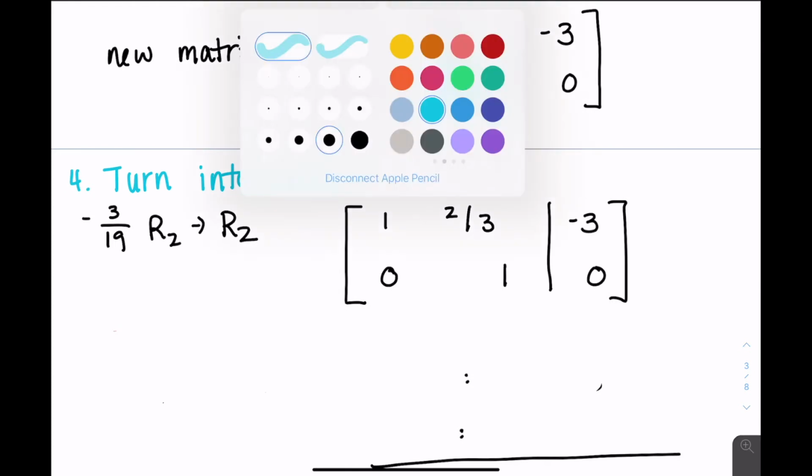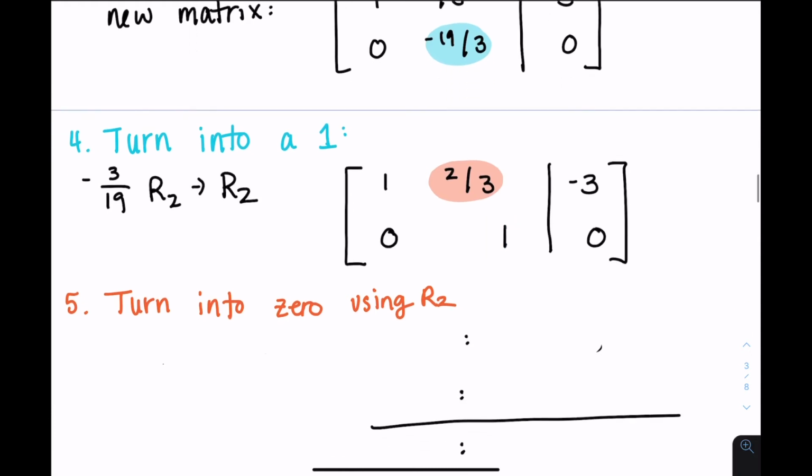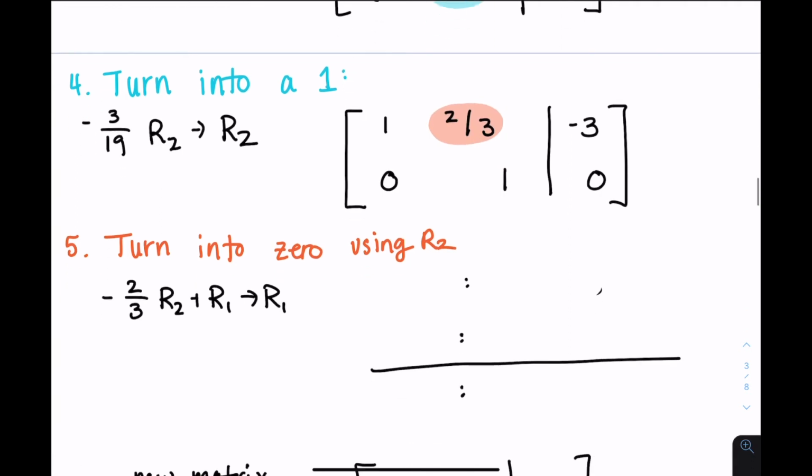Okay. The last thing I want to do is turn this into a 0 using that second row, because I can now manipulate this 1 I have right here to make it match but be opposite in sign. So I want to take negative 2/3 times row 2, so that'll make this a negative 2 over 3, add it to the first row, and that'll become my new row 1.